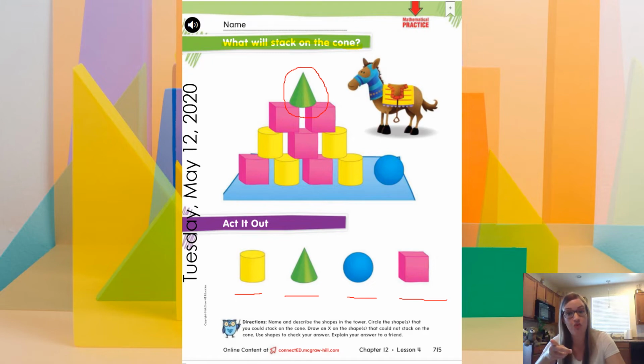But do you know why, problem solver? You're right, because the cone comes up to a point. Nothing can stack on top of that. So our answer for this page is going to be none of these 3D shapes can stack on top of the cone because the cone comes up to a point. You didn't get tricked. Good job.